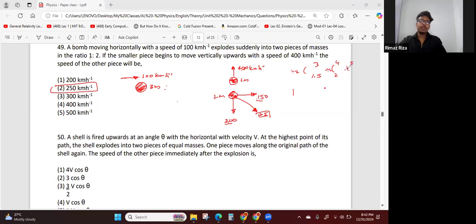Therefore 5 divided by 2 is 2.5, then in proportion 250 should come. So the answer is 250 speeds.